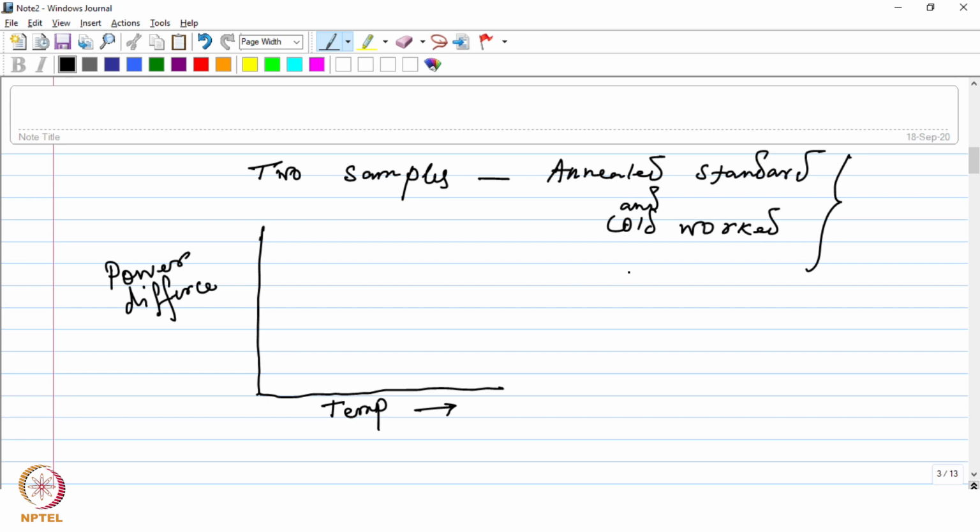So this is not isothermal, this is anisothermal heating. So as you anisothermally anneal these two materials and capture the power required to heat these two samples, you can generate a plot like this.